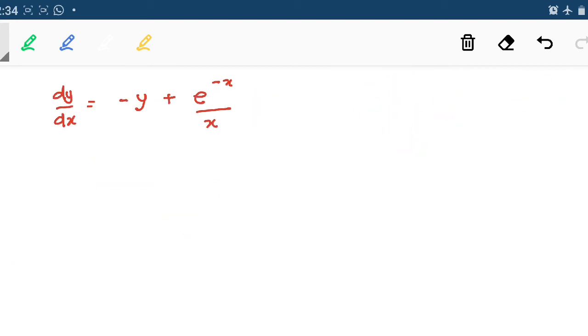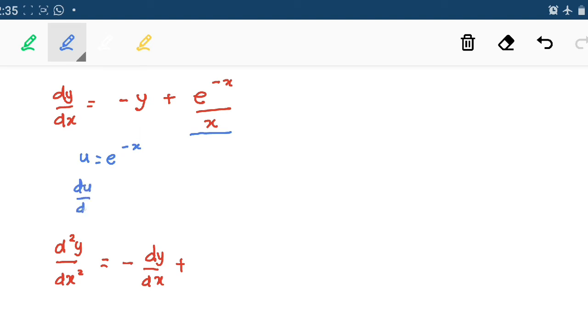Then we find the second derivative. So we get d squared y over dx squared is equal to negative, differentiate y, we get dy over dx, plus, to differentiate this term, we use the product rule. So u is equal to e power of negative x, so our du over dx is equal to negative e to the power of negative x. v is equal to 1 over x.